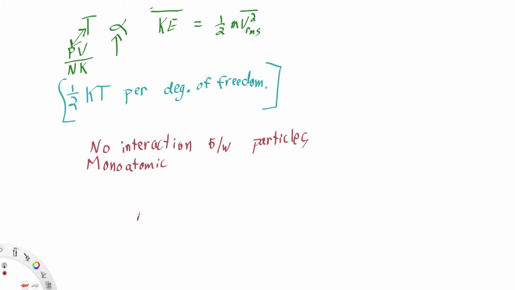If you have a monoatomic particle, that is just a single atom, it is free to move in the x direction. It is free to move in the y direction. And because this is real space, it's also free to move in the z direction. So 3 dimensions of movement means 3 degrees of freedom. There are 3 ways that it can move.